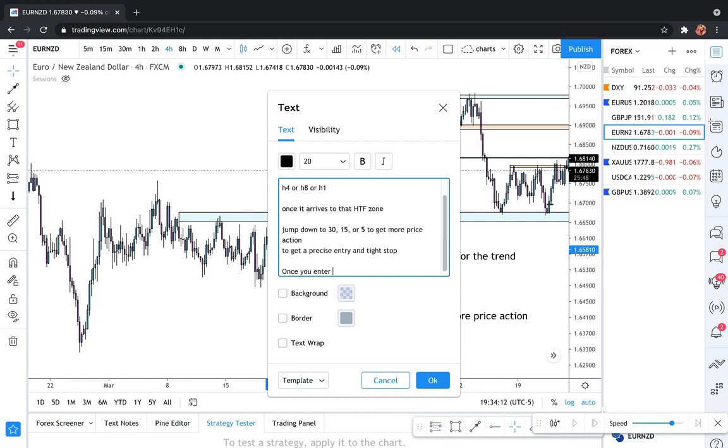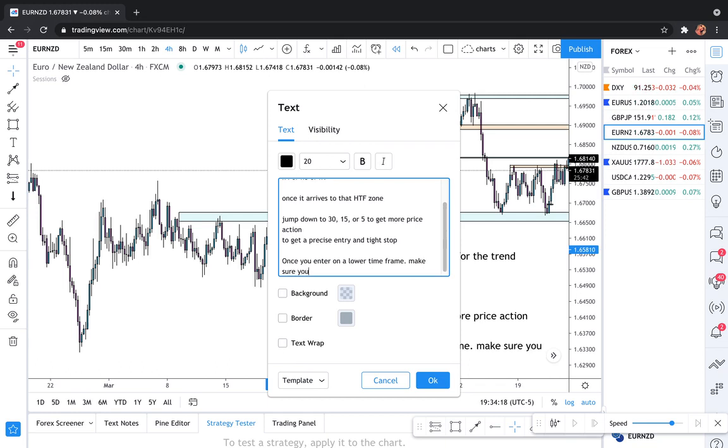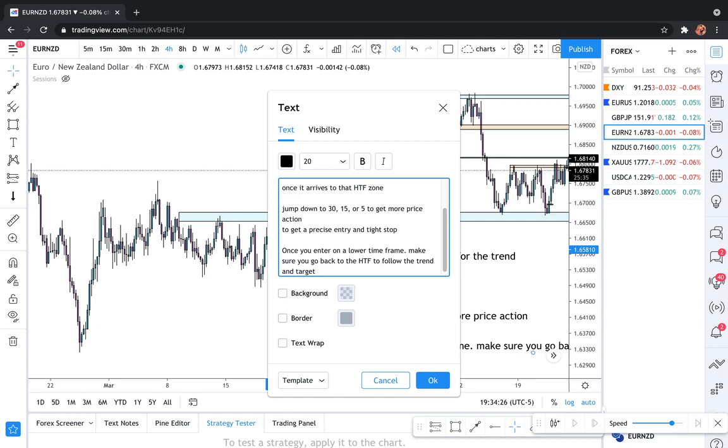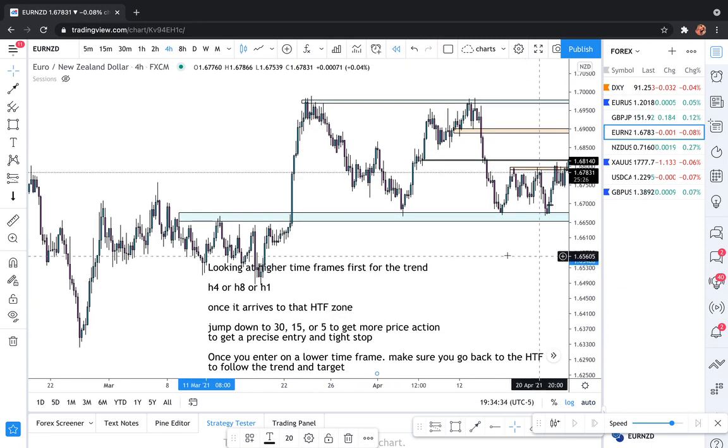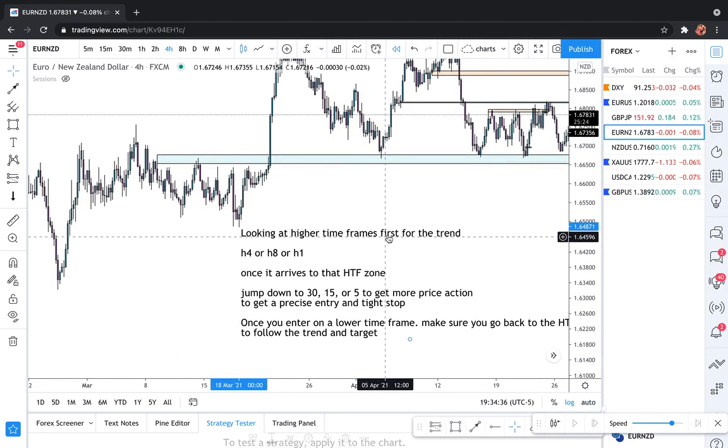Once you enter on a lower time frame, make sure you go back to the higher time frame to follow the trend and target. Okay, so that's really important. So I'll let you write that down for a second.